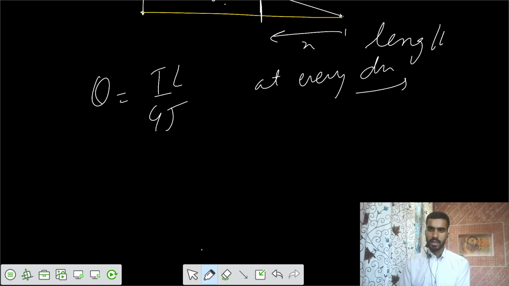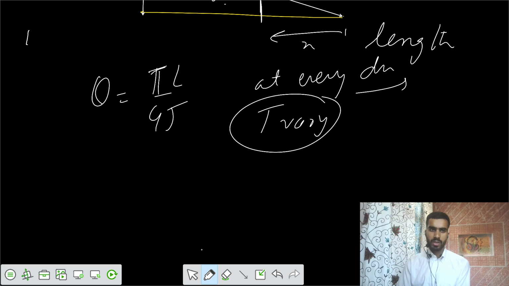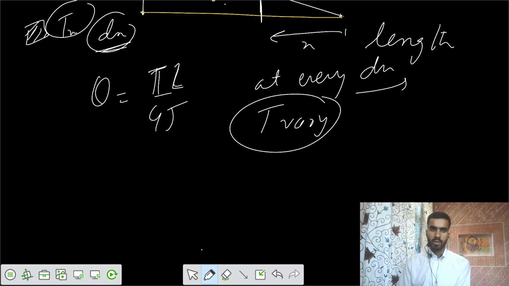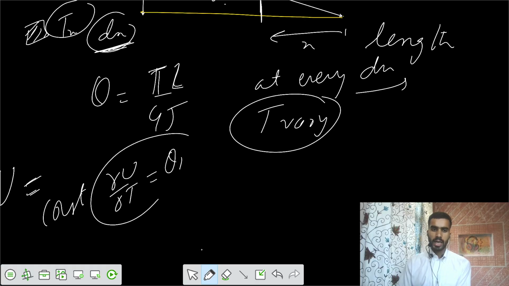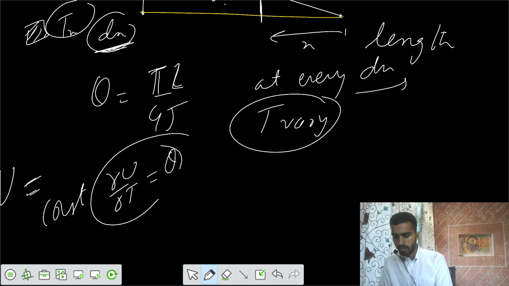That means you have to take a small strip dx, see what the torque is at that x, and see what theta is contributed by that strip. Or you can do it this way: take the strain energy, then apply Castigliano's theorem, dou U by dou torque, which gives theta at any location. Do you get it?